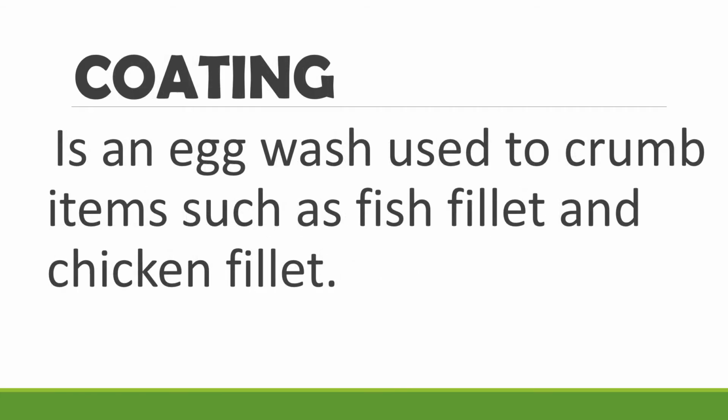Another function is coating. It is an egg wash used to crumb items such as fish fillet and chicken fillet. Coating batters use whole eggs and breadcrumbs to provide a coating or protection for the food item prior to cooking. Examples of this, aside from fish fillet or chicken fillet, we have also pork chop, what else?